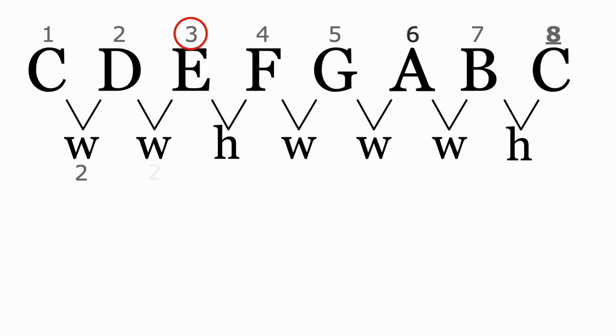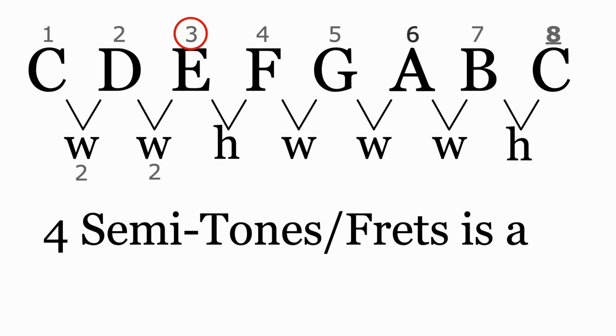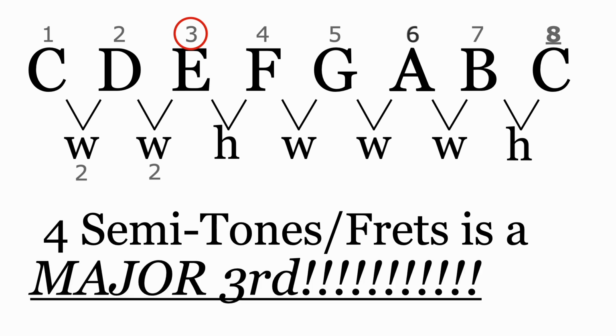Then we go from D to E, which is another whole step, or 2 frets. Meaning, to get from C to E, we have to move up 4 frets. And if we recall from our intervals video, we say that 4 semitones, or 4 frets, is a major third.